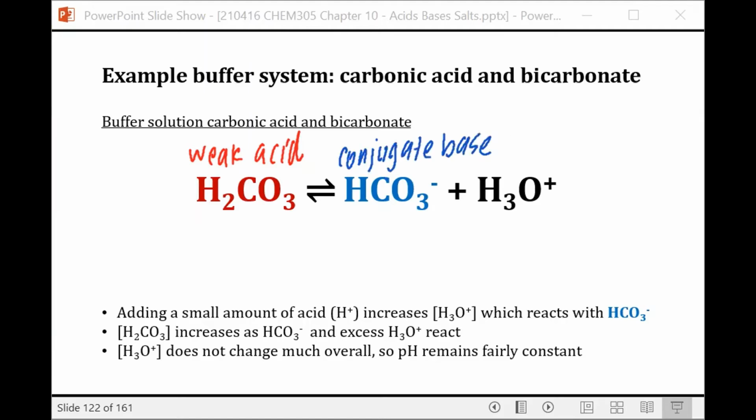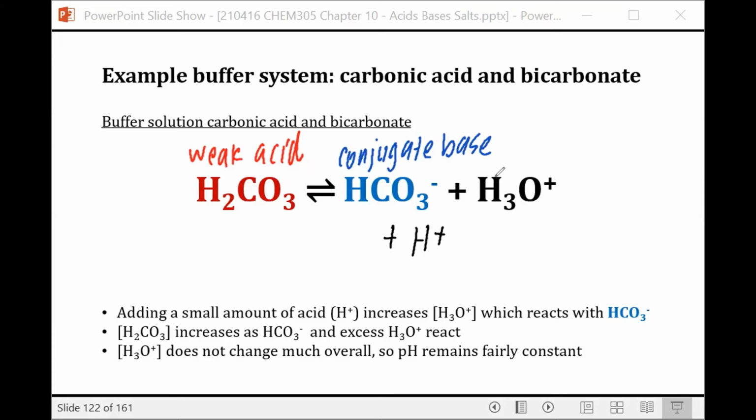So if you add a small amount of acid, you add some H plus. H plus is going to react with water to generate more H3O+, which then would push the reaction to the left. This is an equilibrium reaction. So if you increase the concentration of one of the products, it's going to push the reaction to make more reactants.